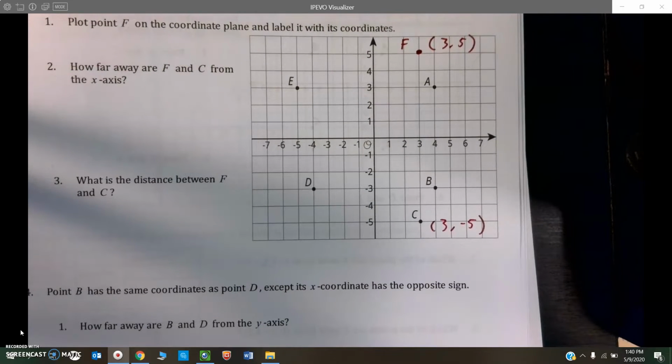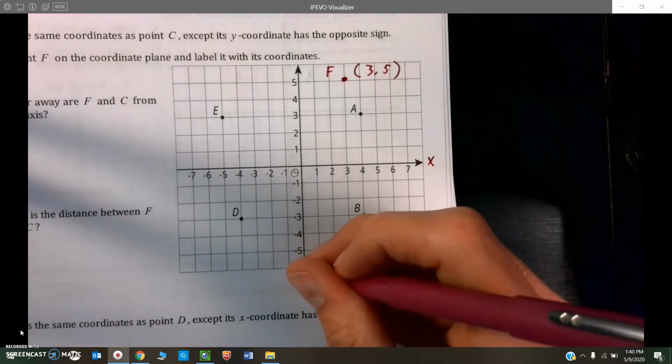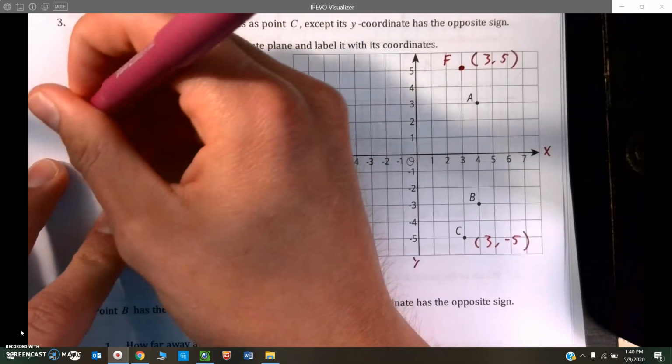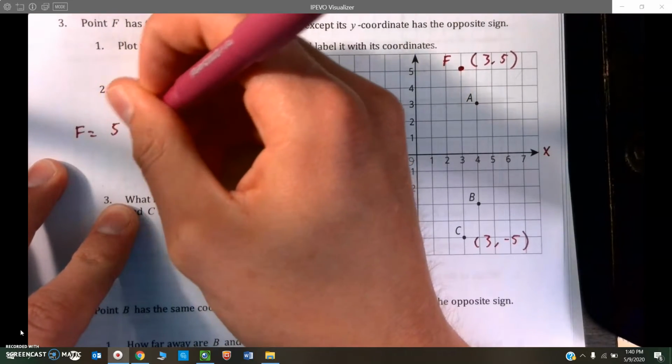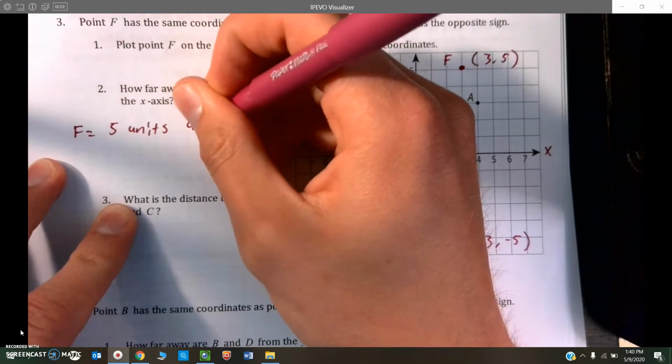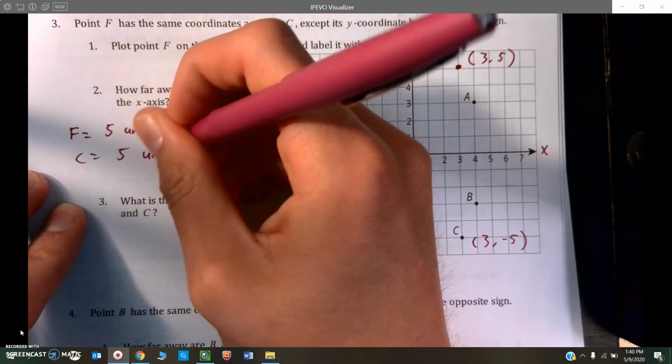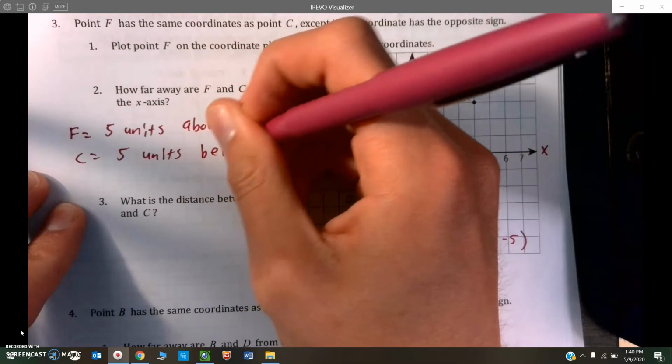So how far away are F and C from the x-axis? So here's the x-axis. Well, F is 5 units above, and C is 5 units below.